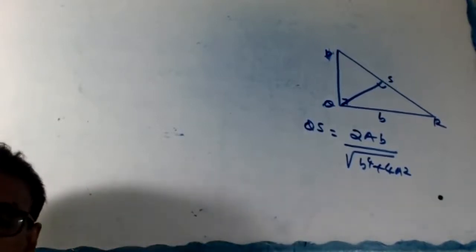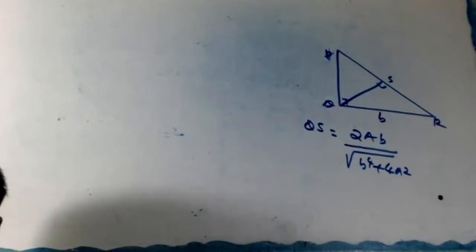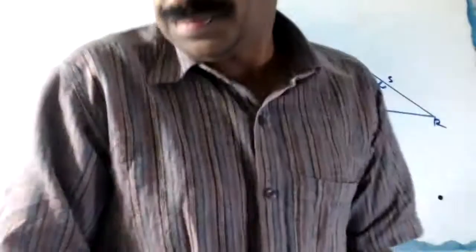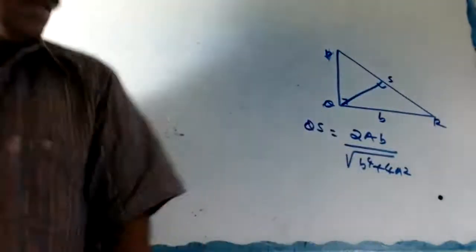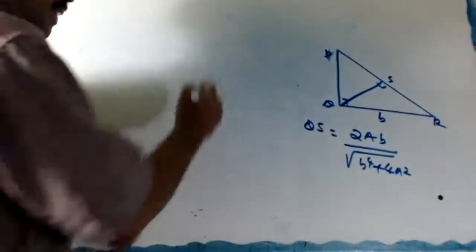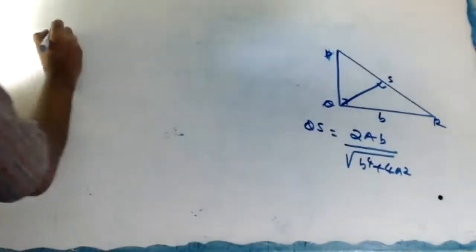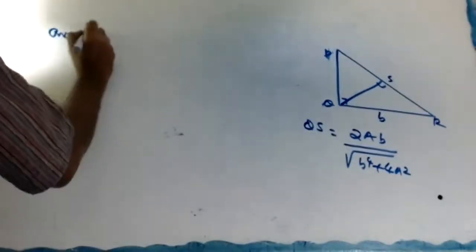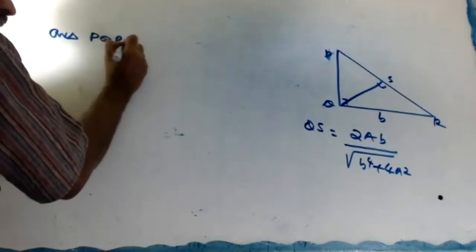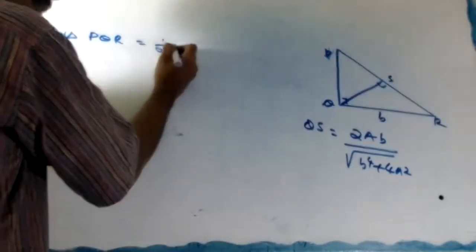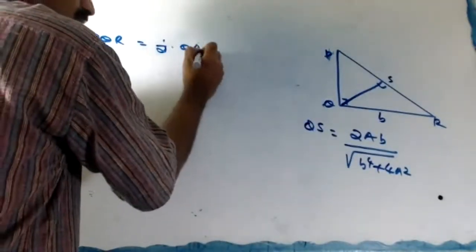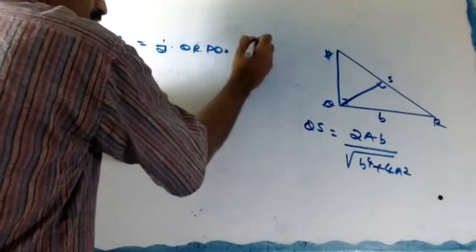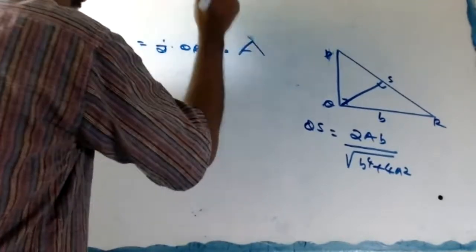Okay, look here, those who are not getting, listen here. Area of triangle PQR equal to half QR into PQ equal to A, right?